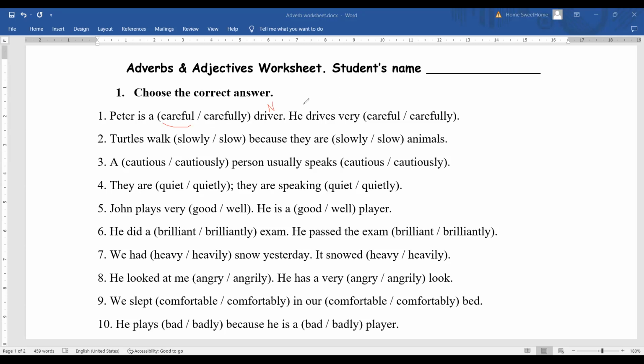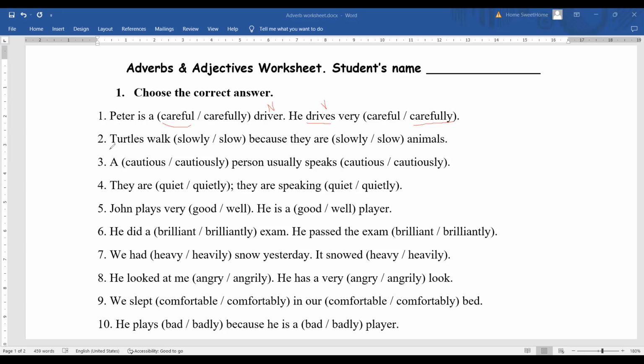Then here, he drives very careful or carefully. Now you know that careful is an adjective and carefully is an adverb. And now, what does it describe? It describes a verb here, right? So you know that only adverbs describe a verb, and you highlight this one with the suffix ly.